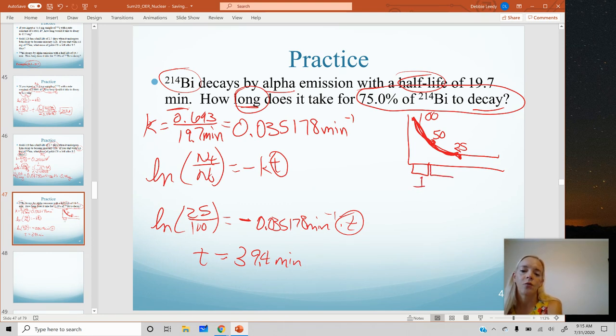Remember that 50 to 25% is a second half-life. Pretend those units of time are the same. So we have our two half-lives that have to occur. So if I know the length of one half-life, but I know going from 100 down to 25 is two half-lives, another way to solve this is literally multiplying my half-life by 2.